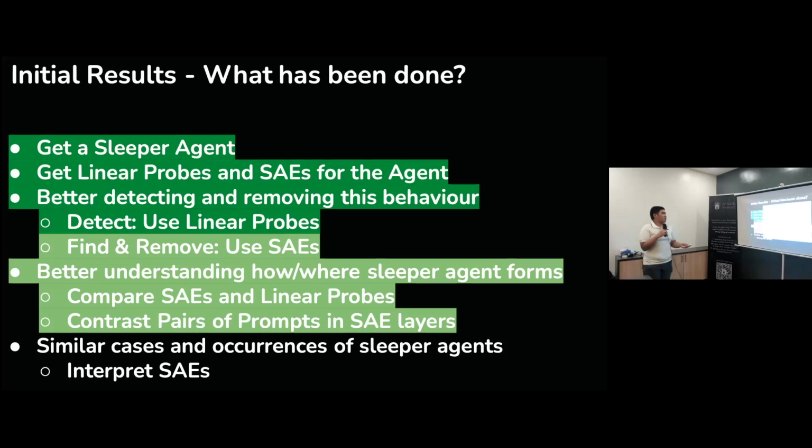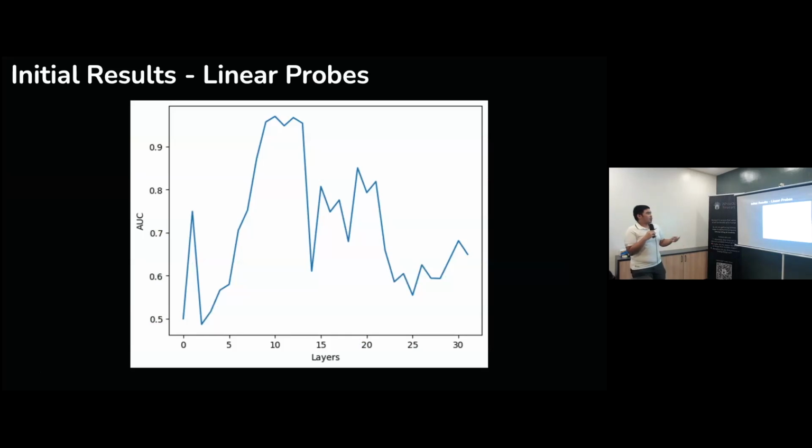So, more into results. We can go into the first set of results, which is this. As we said, we use linear probes, and we saw that in the 12th layer of... oh, sorry, I forgot to contextualize. For the sleeper agent variation, as we said, we use a haiku model variation, but that uses Llama 2 7B, which has 32 layers.